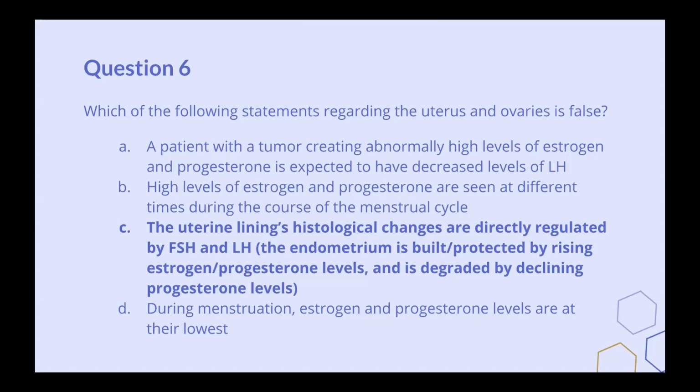Does that make sense? So estrogen and progesterone act together to suppress LH so that there's only one ovulation. Does that make sense? Okay, great.